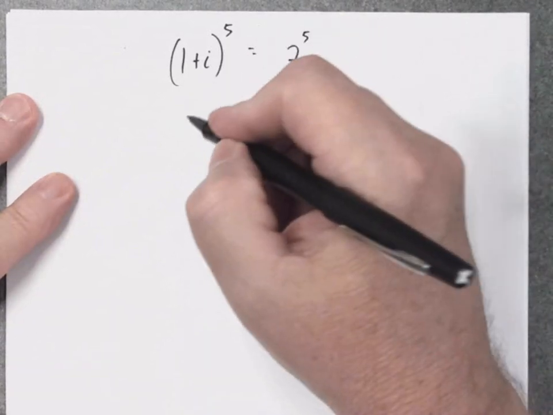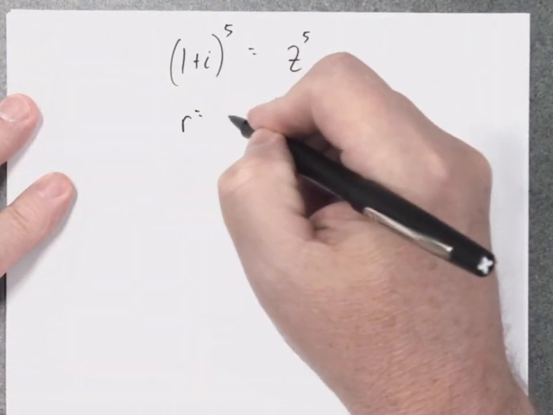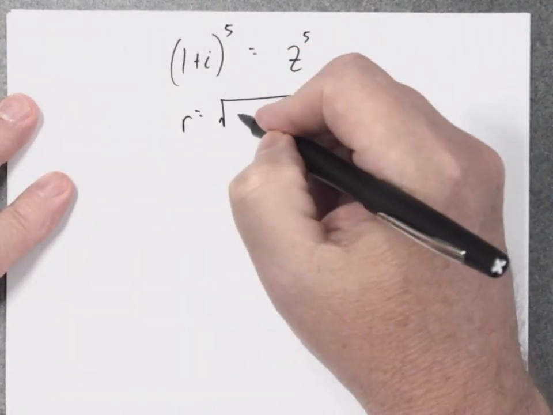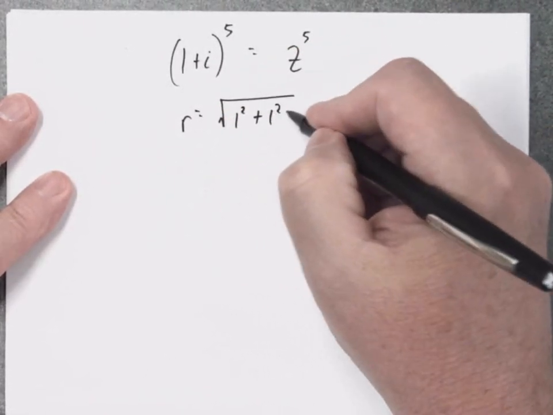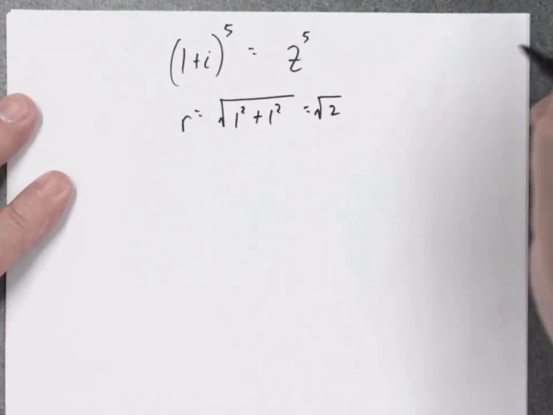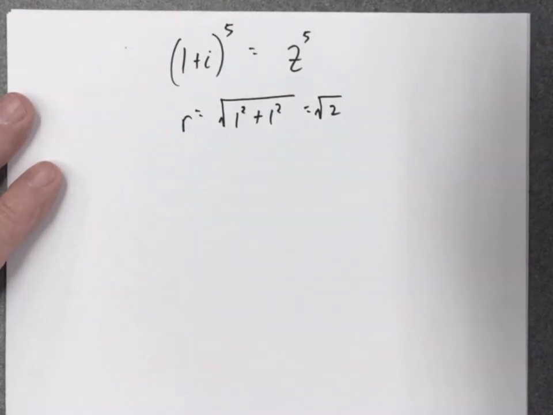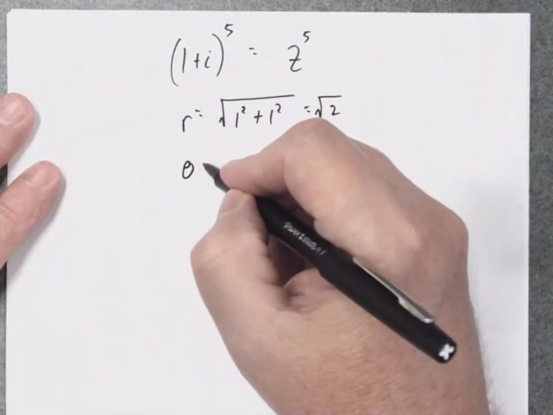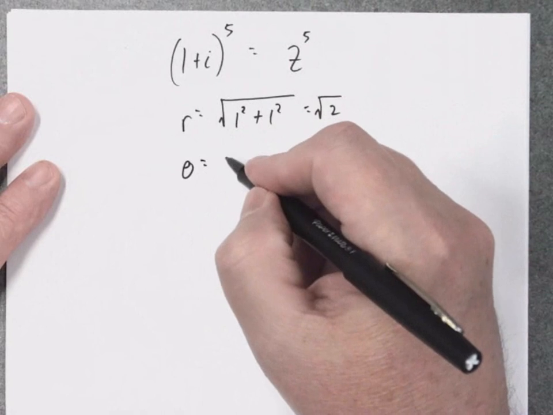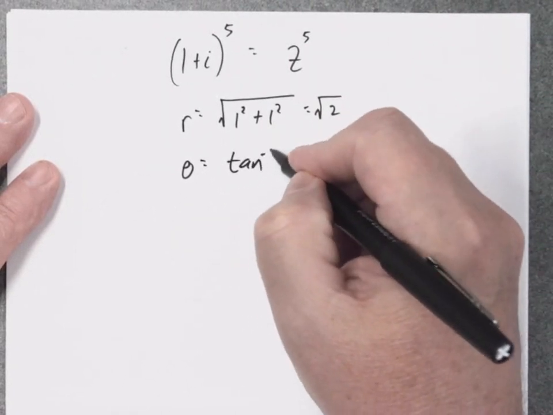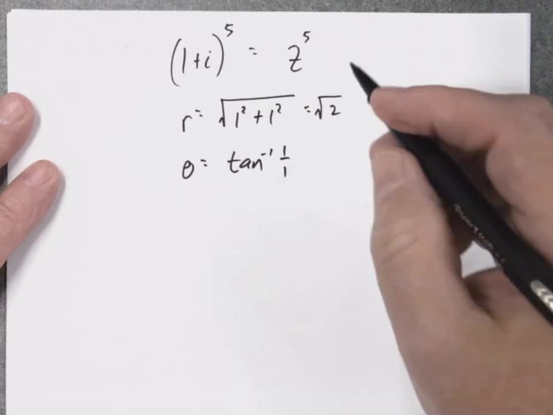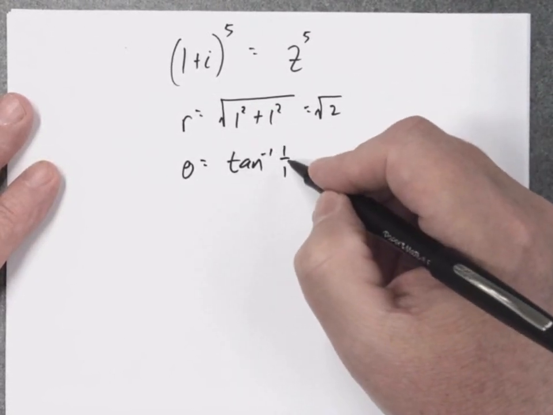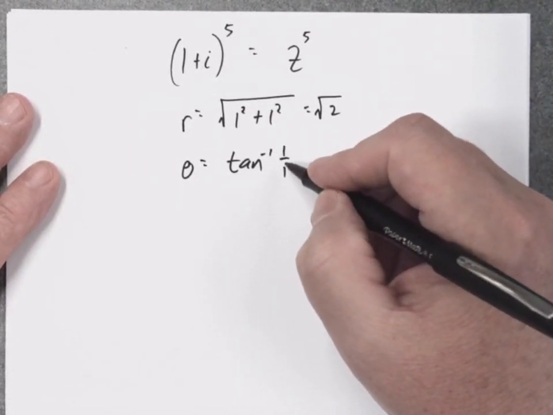And for that, we need r and theta. So r is the square root of x squared plus y squared. It's square root of 2. Theta is going to be the inverse tangent of y over x, 1 over 1. This is pretty common. This is in the first quadrant.